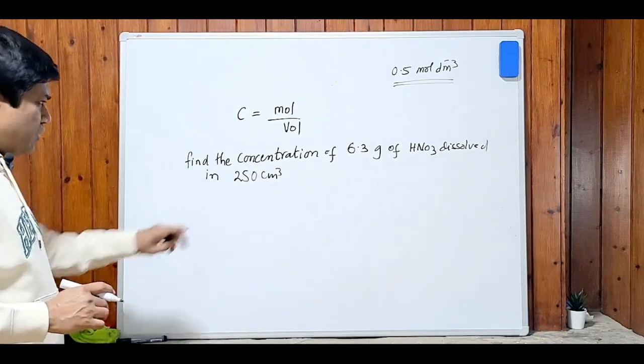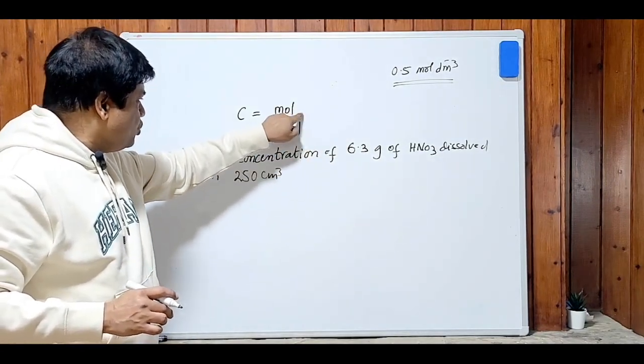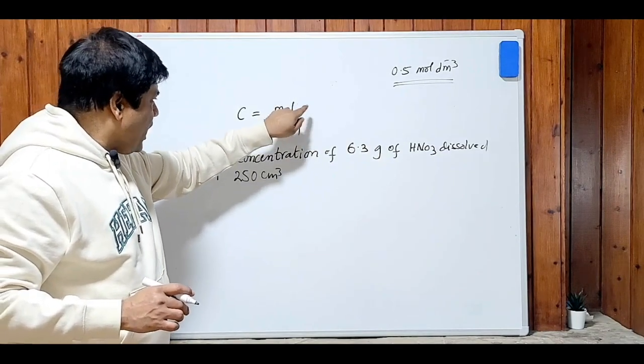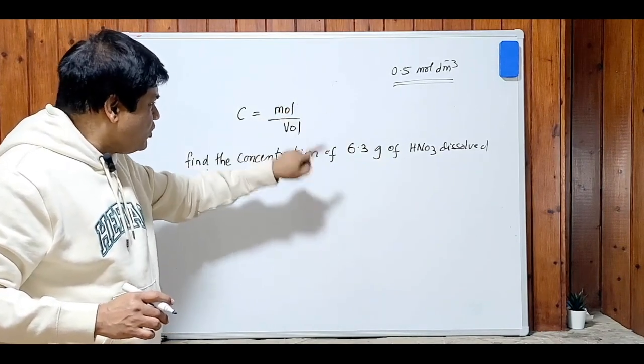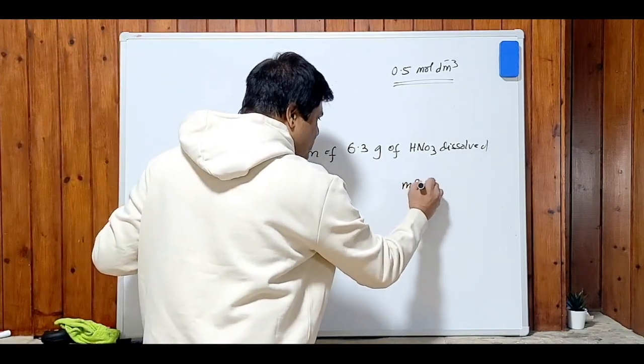Mass is given, but in the formula we have volume and mole. So how can we work out the mole when the mass is given?